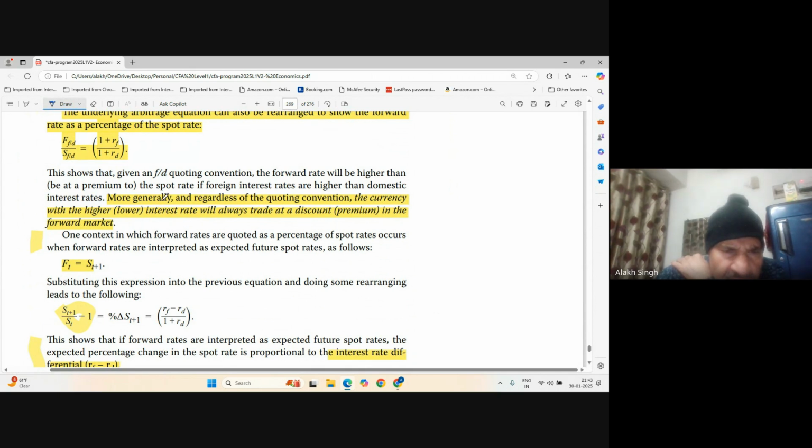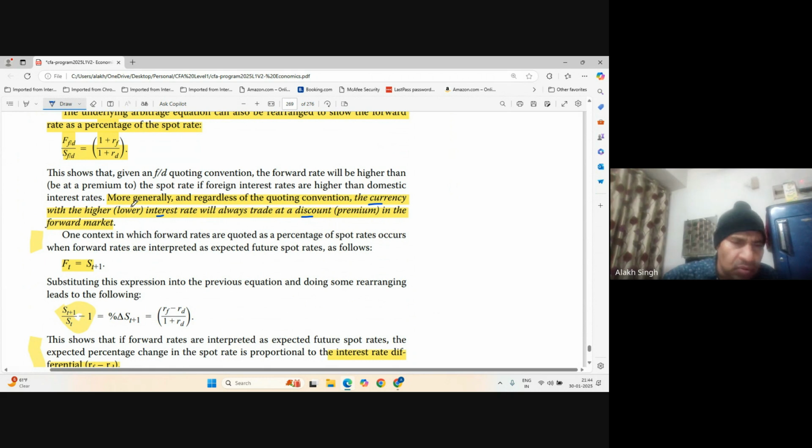More generally, regardless of the quoting convention, the conclusion is that the currency with the higher interest rate will always trade at a discount, meaning it will depreciate in the forward market. Whichever currency has the higher interest rate will always trade at a discount. Why? Because of this equation.